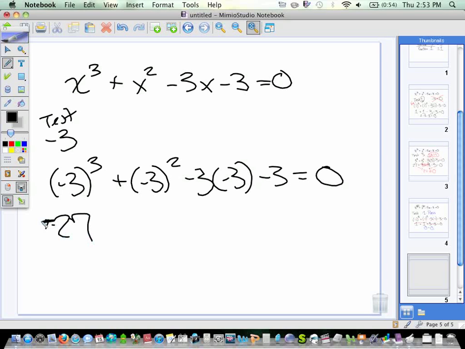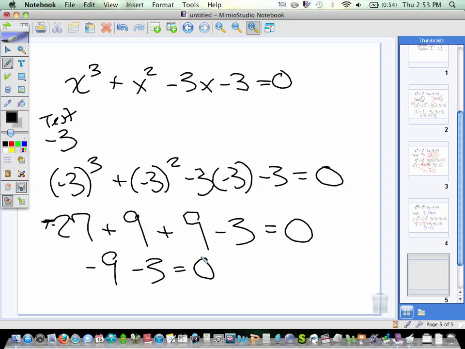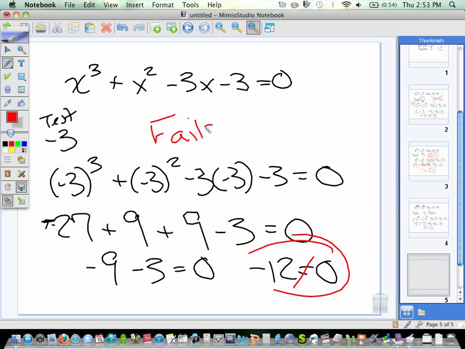Multiply it out: -27 plus 9 plus 9 minus 3 equals 0. So when I do -27 plus 9, that's going to be -9 minus 3 equals 0. I get an answer of -12 equals 0. Unfortunately, that is not true, or fortunately for us. So this fails.